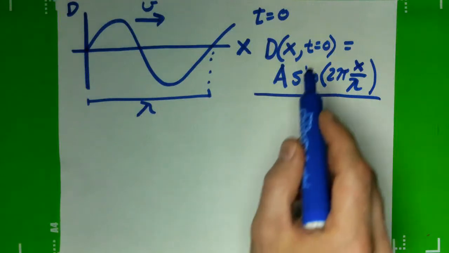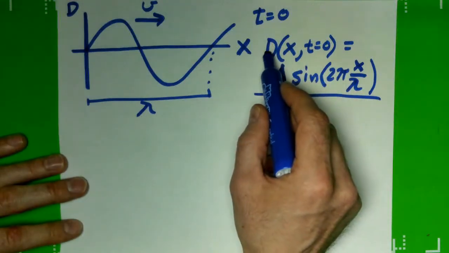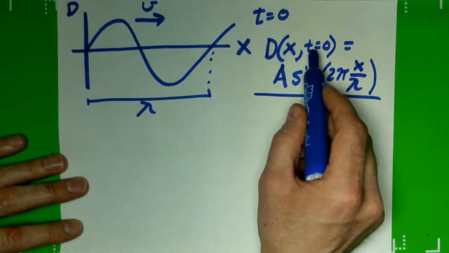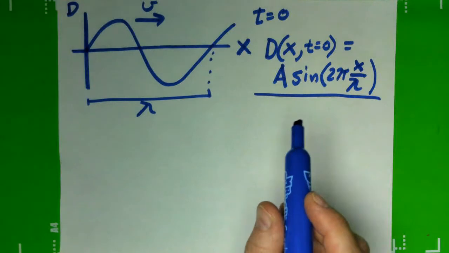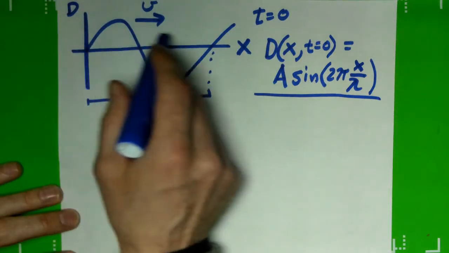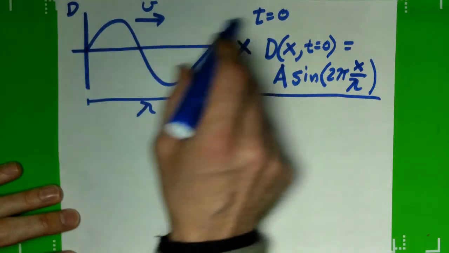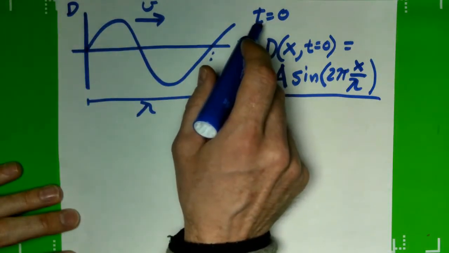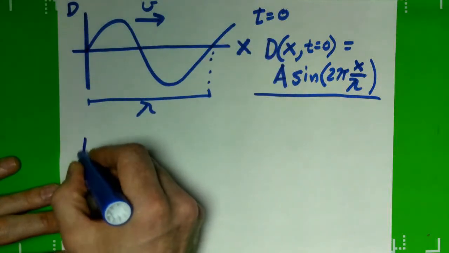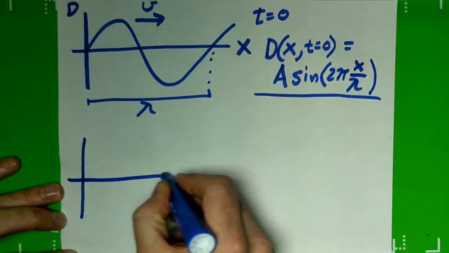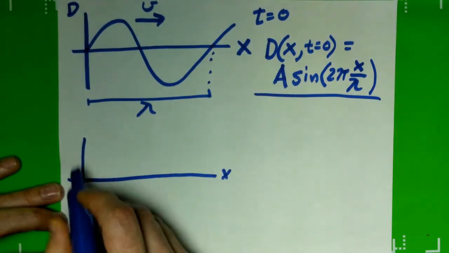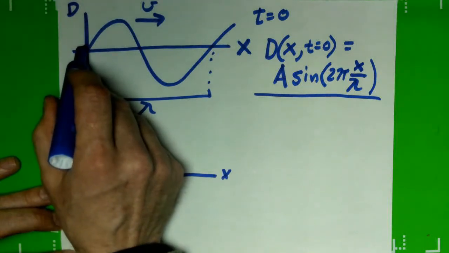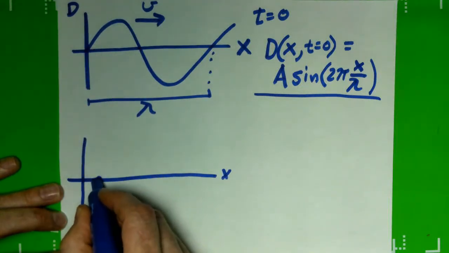But my goal now is to find out how to describe it for all times, not just t equals 0. So to see how to do that, let's consider this having traveled a little bit, so time is now a little bit bigger than 0. Let me just draw it again. This piece of the wave has traveled a short distance.